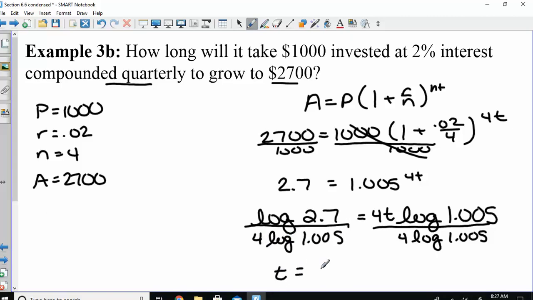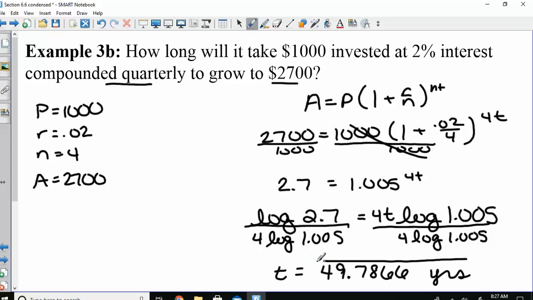So t equals, when you plug this in, log 2.7 divided by, you need a parenthesis around the entire denominator, 4 log 1.005. And we get 49.7866 years.